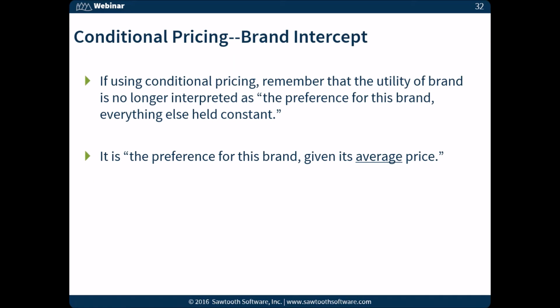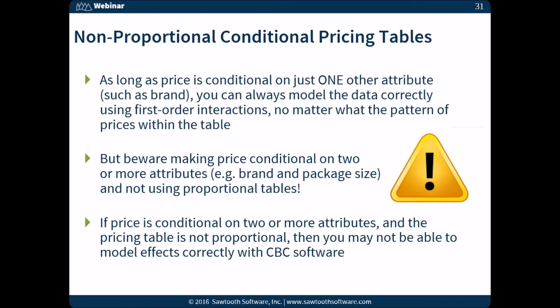And I think I have a slide coming up, but one way to handle this, because sometimes, if we think about that Coke example, the soda pop example, right, we have brand, we have package size, and we have price. Coke may have a higher price point than the store brand, as well as a 12-pack having a higher price point than a 6-pack.